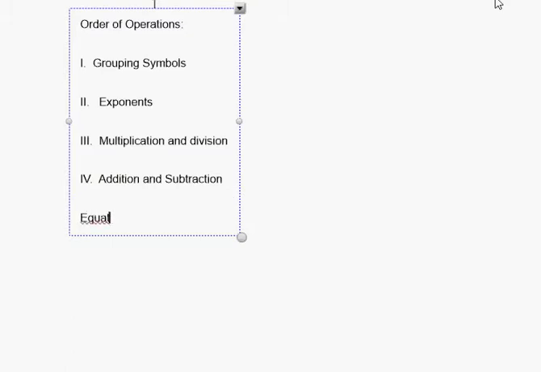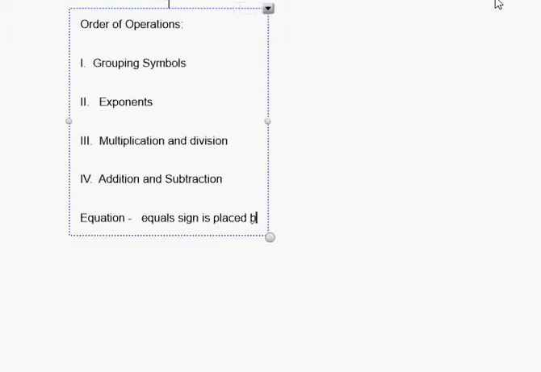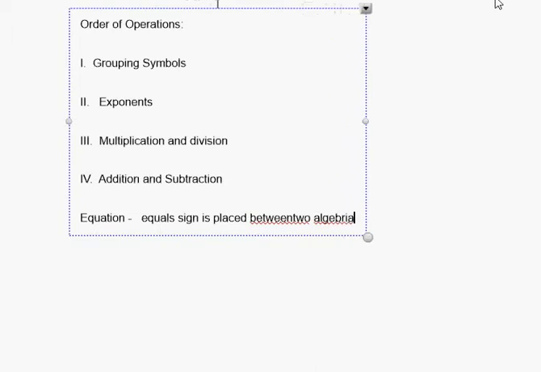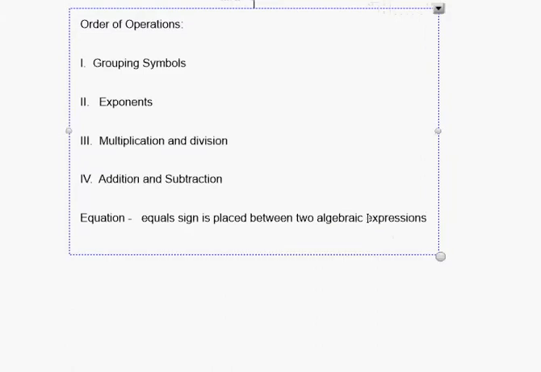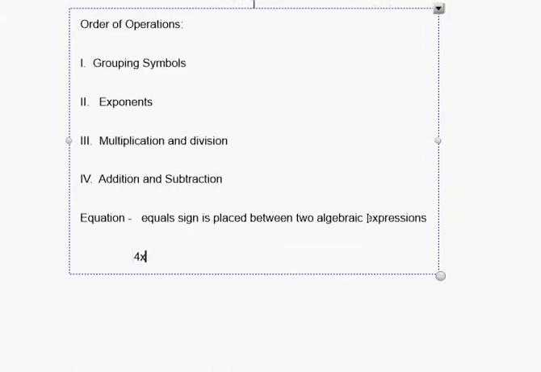Now, when we talk about an equation, an equal sign is placed between two algebraic expressions. So, for example, 4x plus 5 equals 2x minus 3 is an equation.